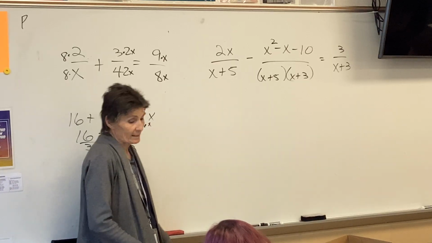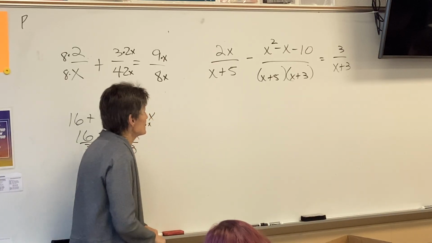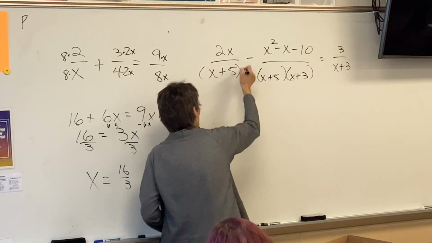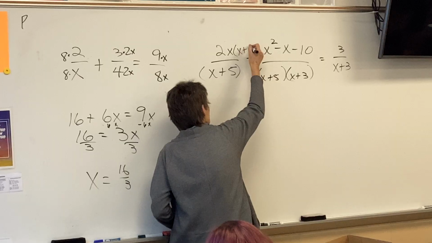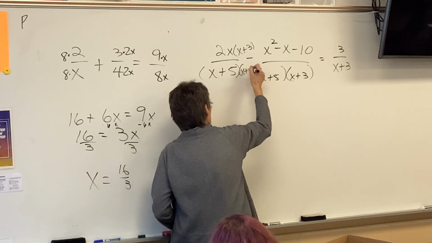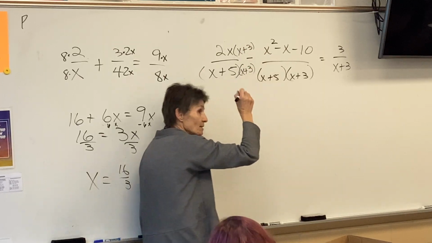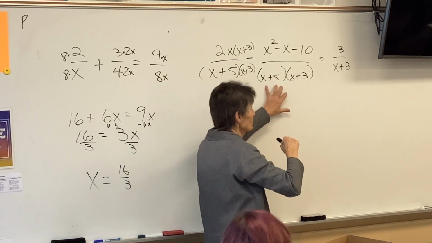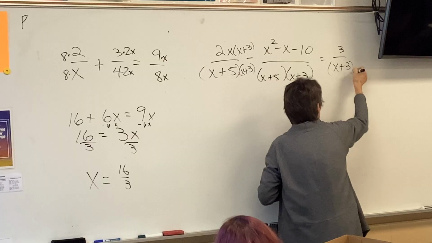All right, now what? I need a common denominator, and it will be that. So this one needs an x plus 3, and I'm not lazy, I'm writing it on the top and the bottom. This one is good to go. This one needs an x plus 5.